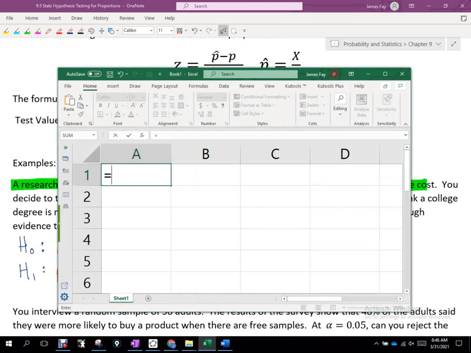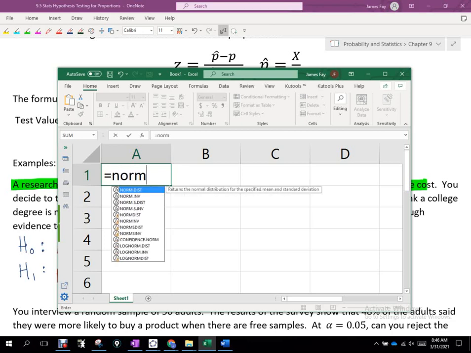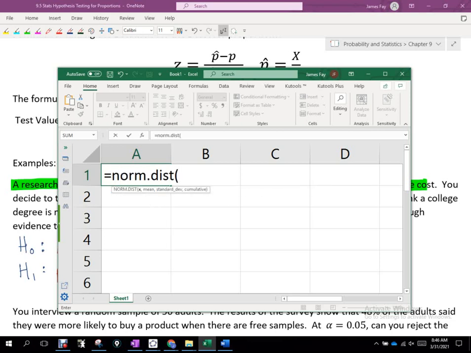We go equals, okay, it's a normal curve, it's a Z distribution, so normal.dist, and that's the wrong one. I always get them confused, and this is why I like Excel. I get the normal distribution and the inverse norm confused on which one's going to spit back what I'm looking for. Does that make sense?